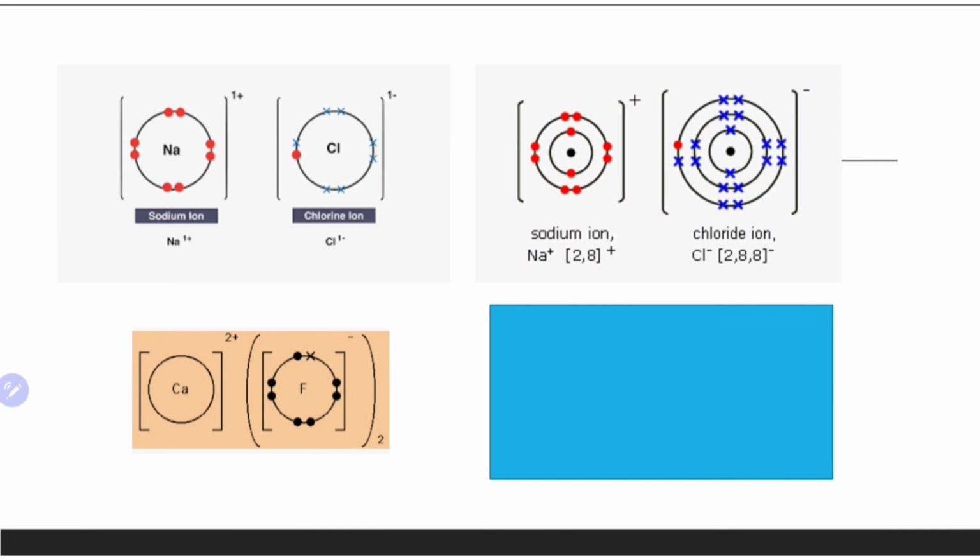Here you have once again NaCl, and here you have Ca2+ and F minus. The Ca is 2 plus. You can do the exercise for CaF2 here.